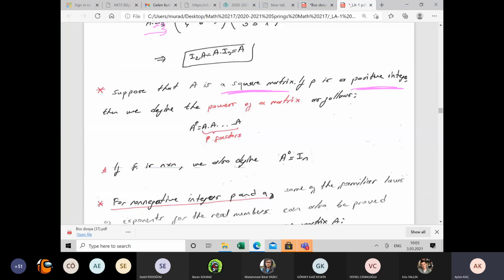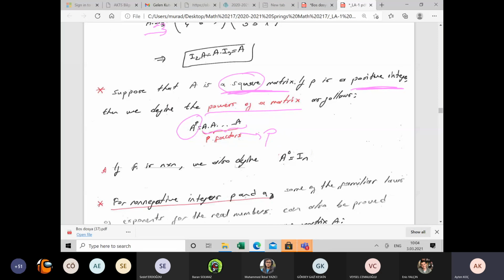Let's define the power of a matrix, and let's define A to the P. What does A to the P mean? A to the P is equal to A times A times A, where the number of A's is P. Is it okay?